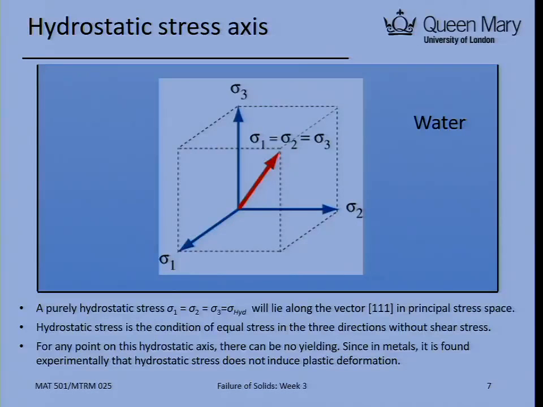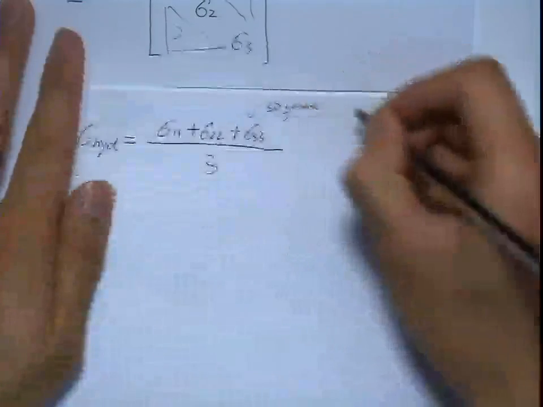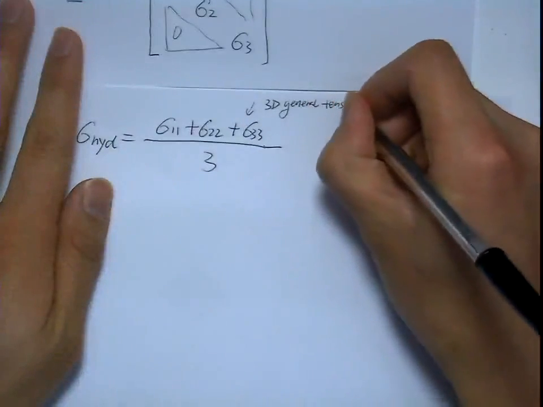When you calculate the mean stress, it is sigma 1,1 plus sigma 2,2 plus sigma 3,3, divided by 3. This notation is a general 3D tensor notation, okay?